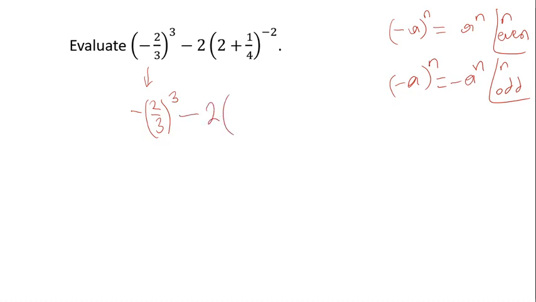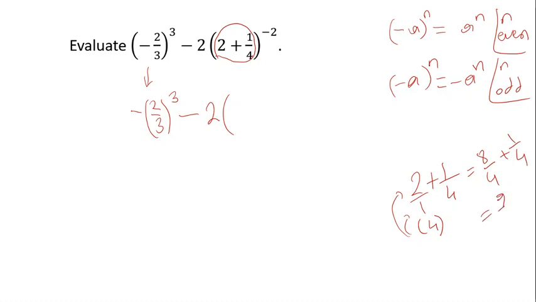So we have this one. It's 2. So what is this? 2 plus 1 over 4, eight over 4 plus 1 over 4, so it's 9 over 4. So we can write here it's 9 over 4 to the negative second power. So here you can distribute them: 2 cubed over 3 cubed minus 2 times.